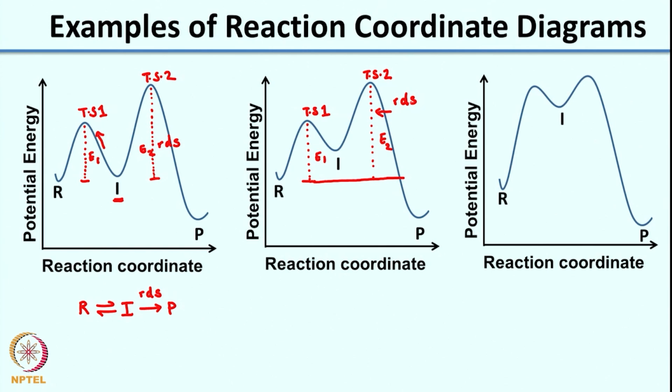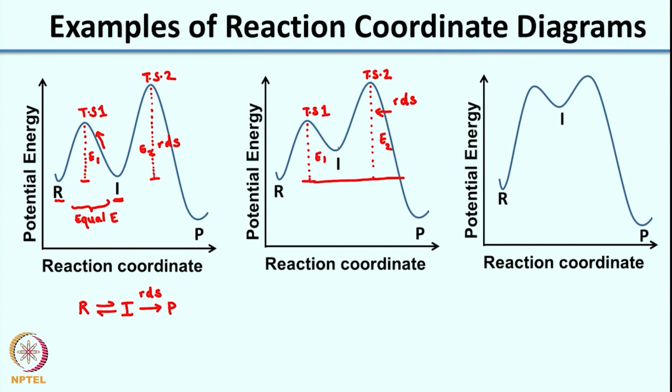Now, what about the possibility of equilibrium in this example? In this example also, what you see is the energy to go from I to transition state 1. In the previous case, we had I and R at almost equal energy. In this case the intermediate is at a higher energy, or more reactive, with respect to the reactant.